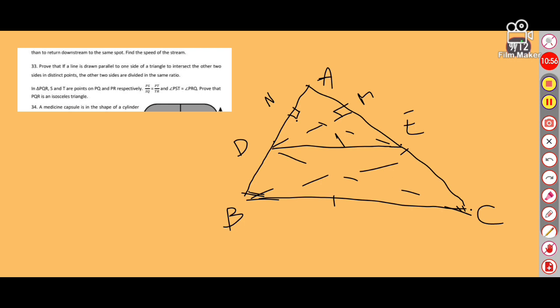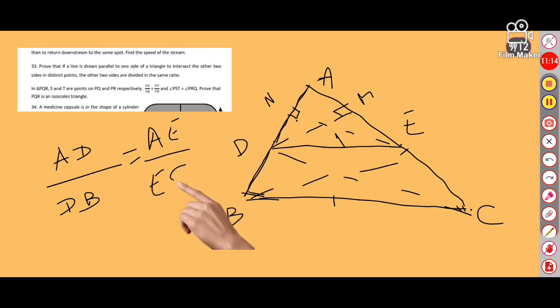Now what we need to prove is AD by DB is equal to AE by EC.